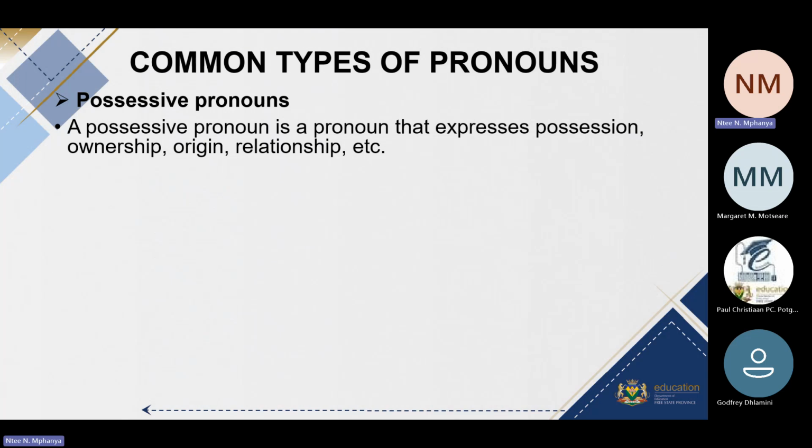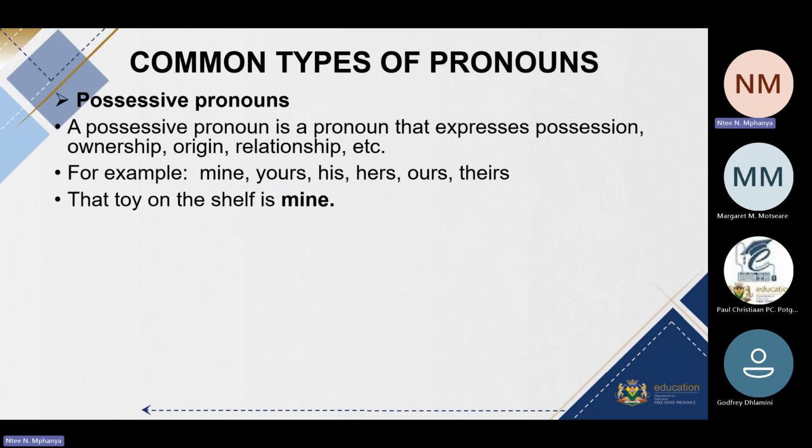A possessive pronoun is a pronoun that expresses possession, ownership, origin, relationship, etc. The word possessive means to possess, to own. For example, the words like mine, yours, his, hers, ours, theirs.